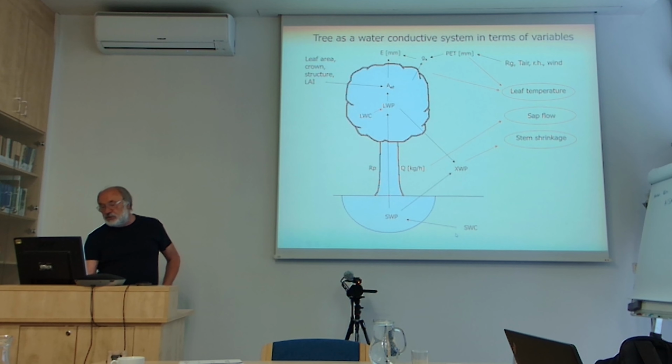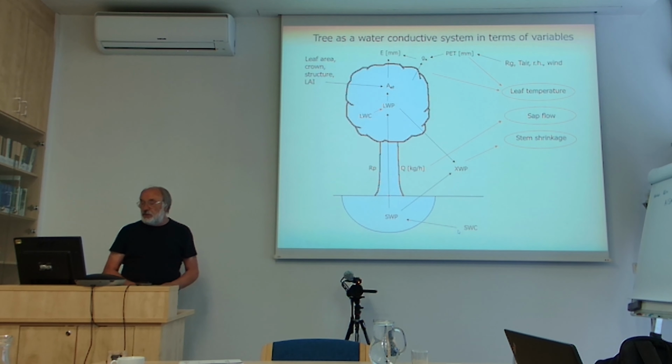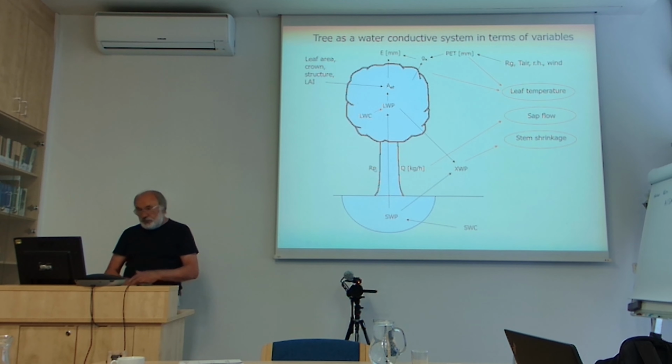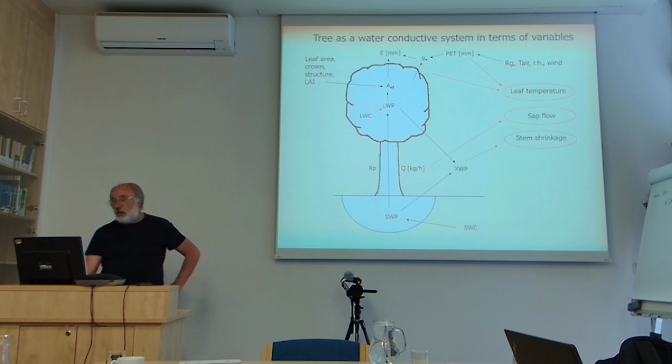Soil water potential is somehow related through the pF curve with the soil water content, and the sap flow is limited by the resistance of the conductive pathways. In the crown, the sap flow is somehow transformed to the transpiration according to the leaf area.